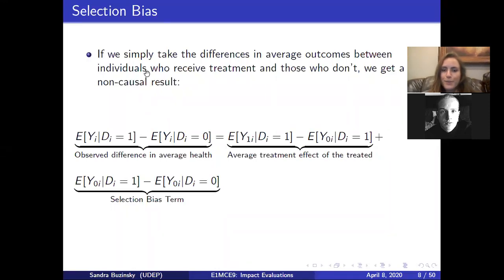I know it's really early in the class, so it's hard to start talking, but can anyone remind me what selection bias is? Or what's an example of selection bias even?